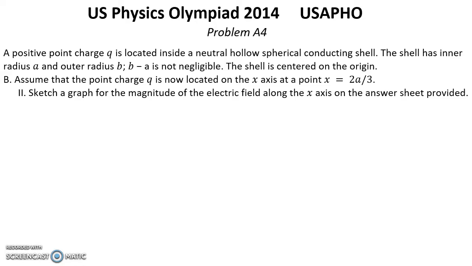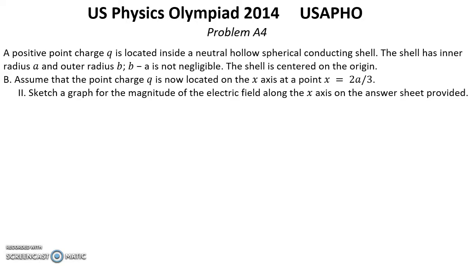Inside the shell between a and b, we have 0 electric field, and for x less than a, we have a more complicated situation, because it depends on the distribution of charge on the inner surface. What is required is that it diverges at x equal 2a over 3 and is higher at x equal a than at x equal negative a.